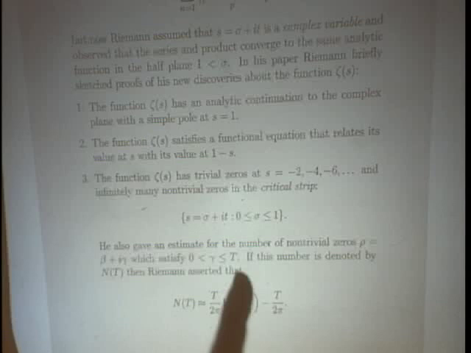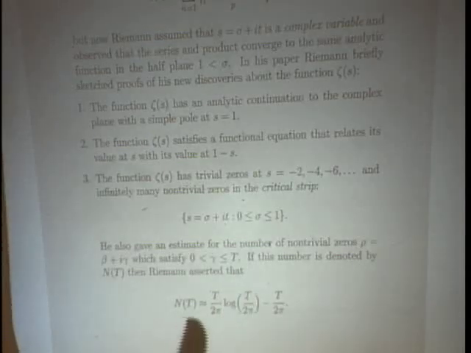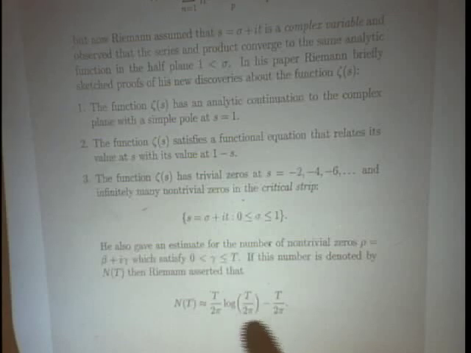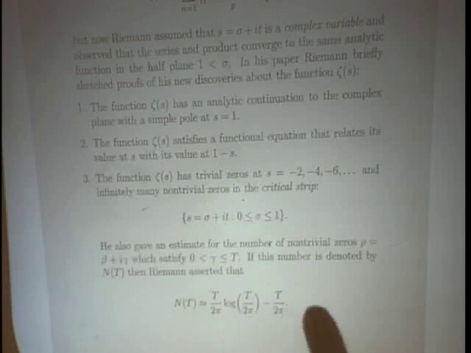And the number gamma, think of that as between 0 and a big number, capital T, which you can name. And then N of T is the number of zeros of the zeta function up to height T. Riemann indicated that it must satisfy this approximate formula. He was a little vague as to what this is supposed to mean, but we now know that N of T is exactly equal to that, plus a pretty small expression that has to get added on as a sort of correction factor.